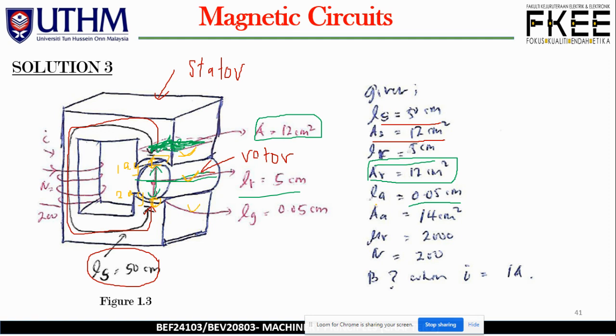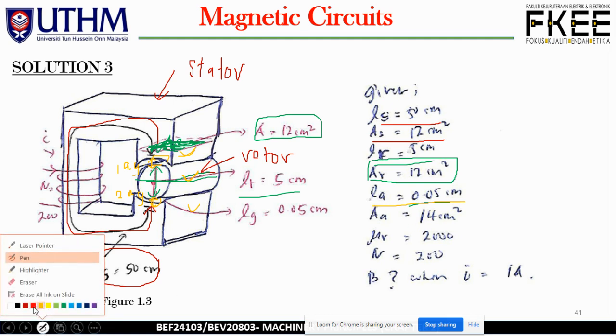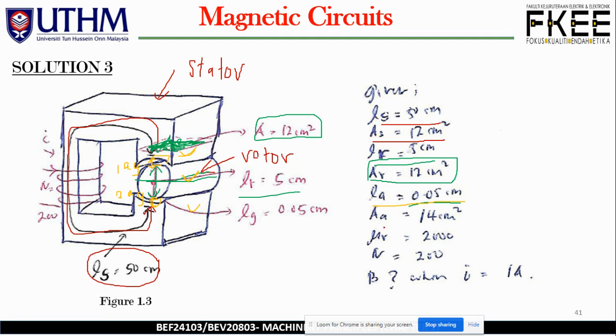Again, the mean flux length is given by 0.05 centimeter, and the cross-sectional area of the air gap, including the fringing factor, is somewhat bigger than the area of the stator or the rotor itself, which is 14 centimeter squared here.